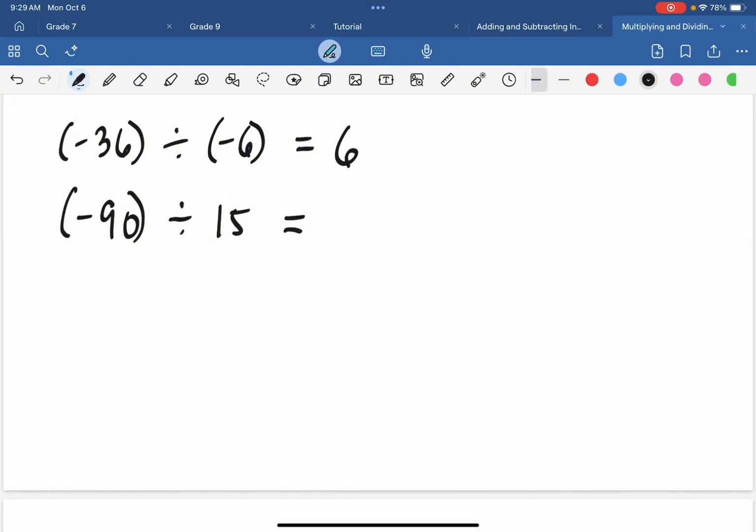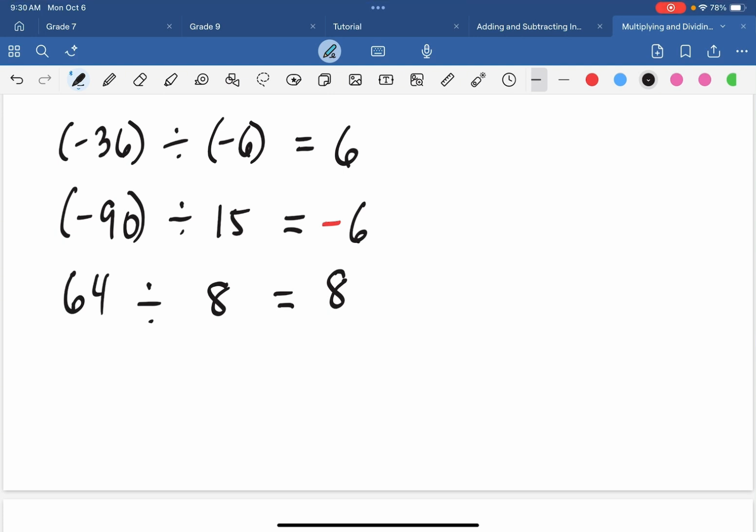So obviously, a negative number divided by a positive number, so that means the result would be negative. And 90 divided by 15 is 6. That's why our answer is negative 6. Let's have 64 divided by 8. So obviously, both numbers are positive. That means our result would also be positive. And 64 divided by 8 is positive 8.